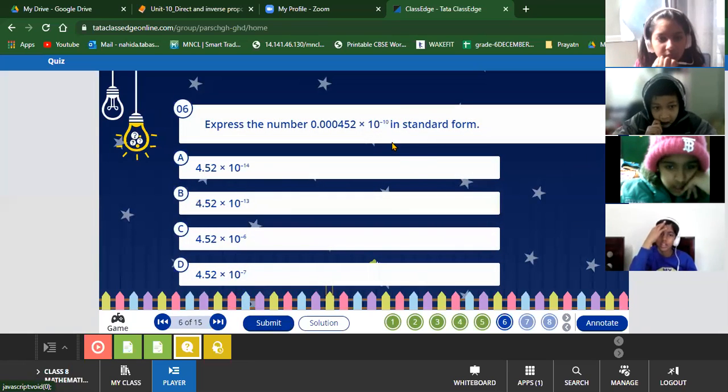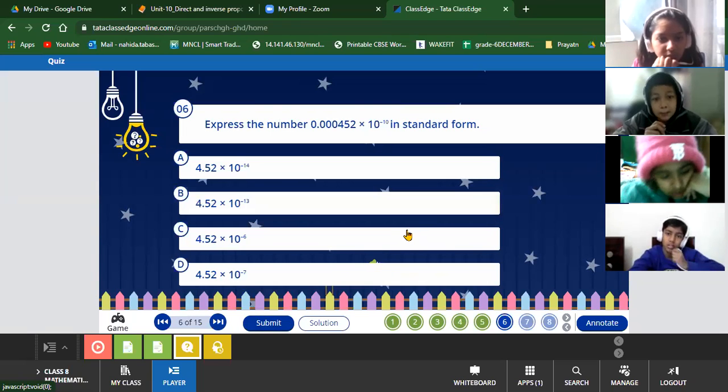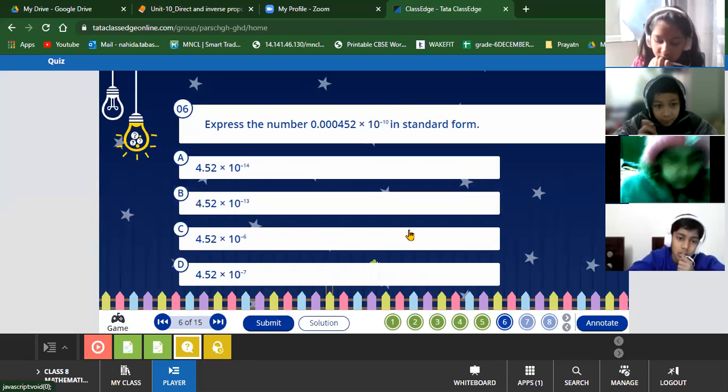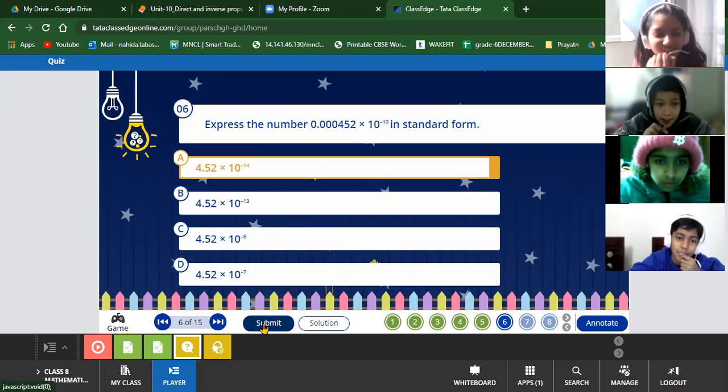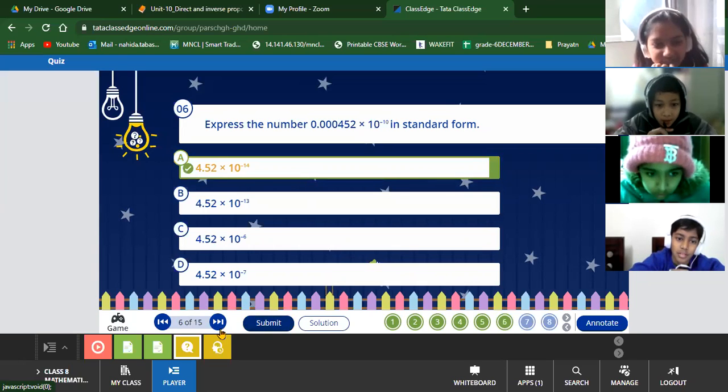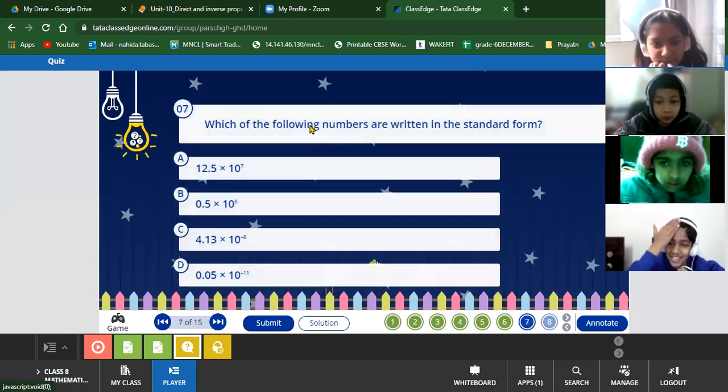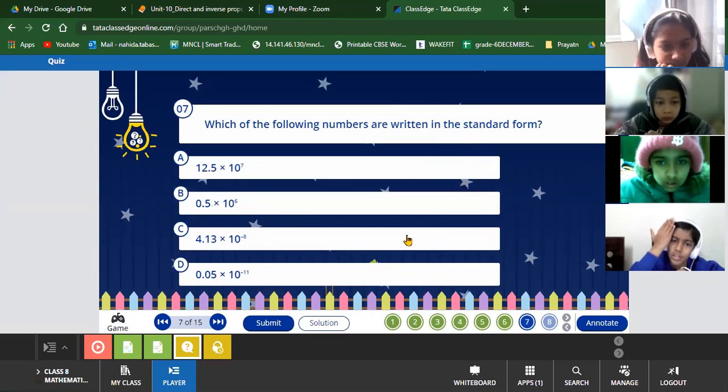Next, express the number in standard form again. It's A. It is the same question which Harshita explained. A. Right. Which of the following numbers are written in the standard form?